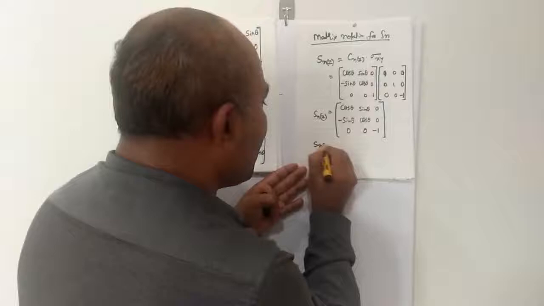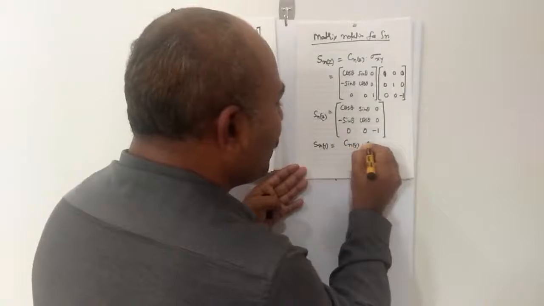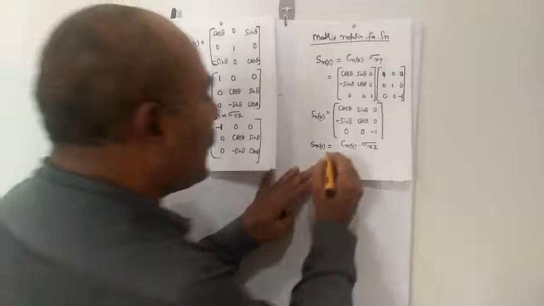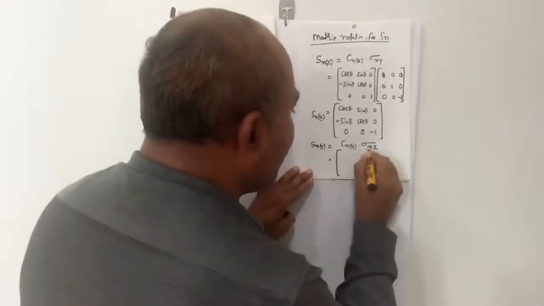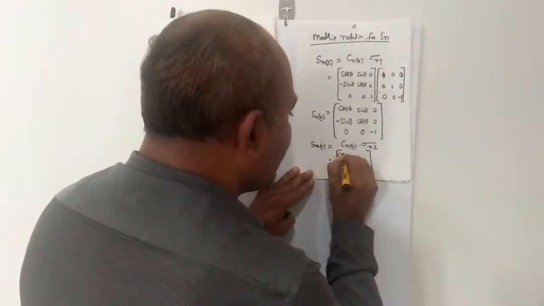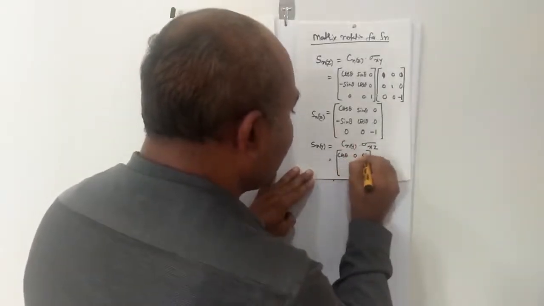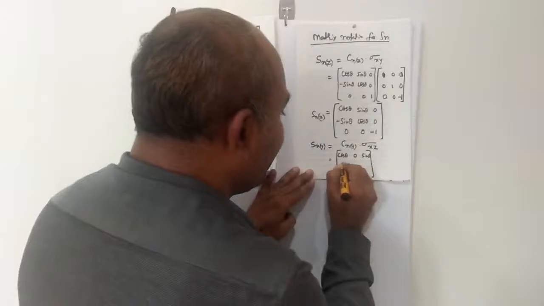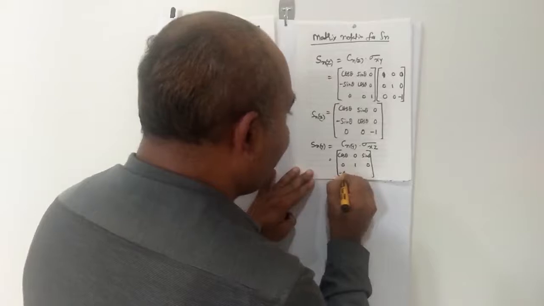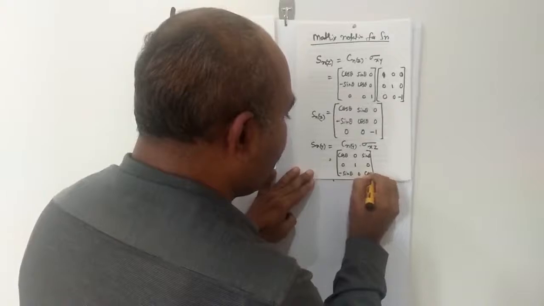Similarly, the SNY matrix is obtained by multiplying the CNY matrix with the sigma xz matrix. What is the CNY matrix? You know the CNY matrix is equal to cos theta, 0, sin theta, 0, 1, 0, minus sin theta, 0, cos theta.